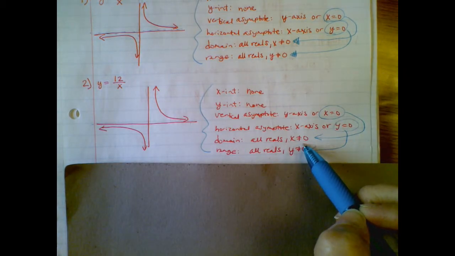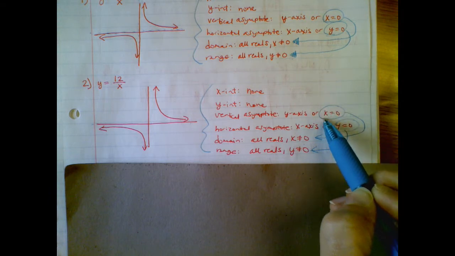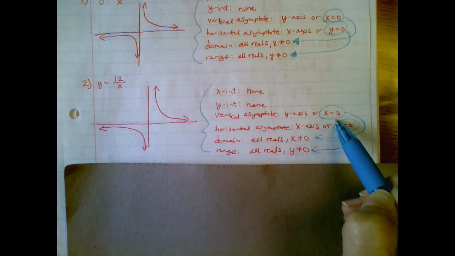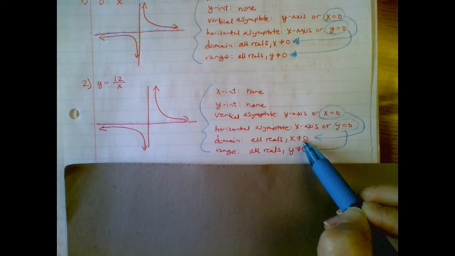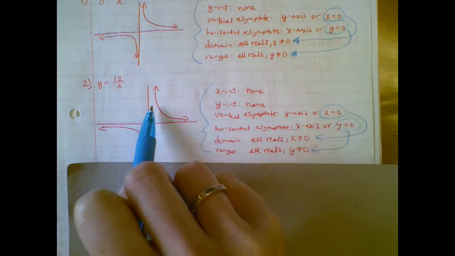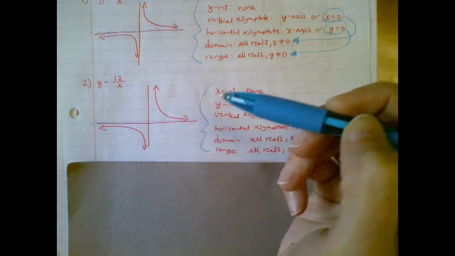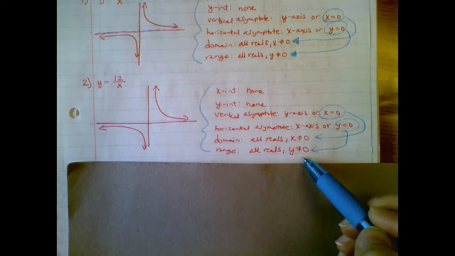The restriction comes from the vertical asymptote, so all real numbers, but x cannot equal 0. My range, my possible y values, keeps getting higher and higher, lower and lower, but right here at 0, there's a jump, so it's all real numbers, but y cannot equal 0.